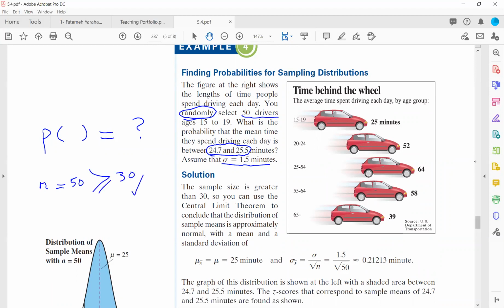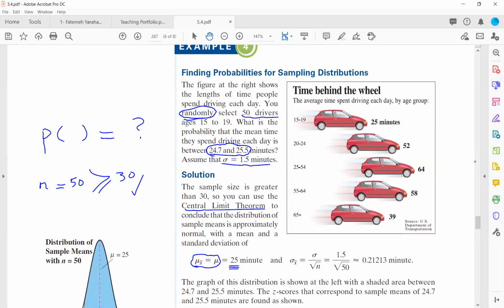Yes. Since the sample size is large enough, you're allowed to use the central limit theorem to find the mean and standard deviation of the sampling distribution of the means. Remember the formula. The central limit theorem says the mean of the sampling distribution of the means is the same as the mean of the population.